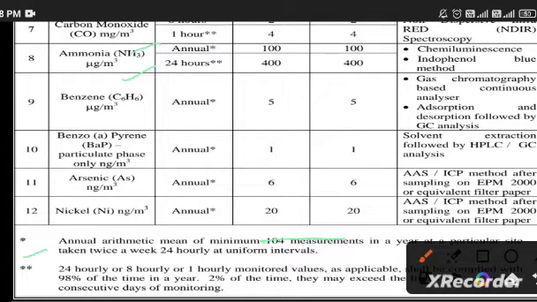That has to be taken twice in a week. And for the others, the standards that are given should be complied with 98% of the time in a year.